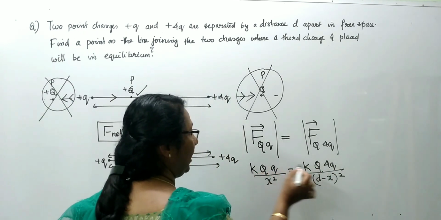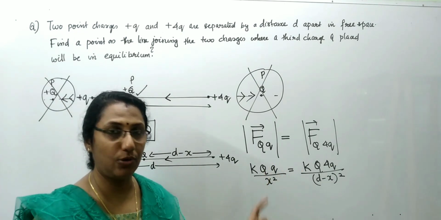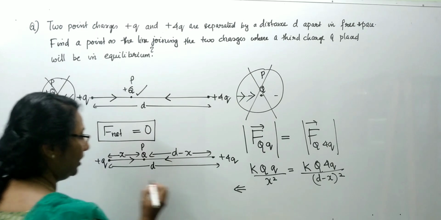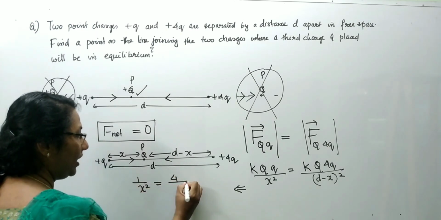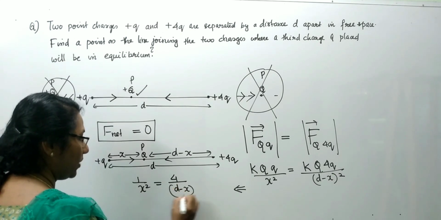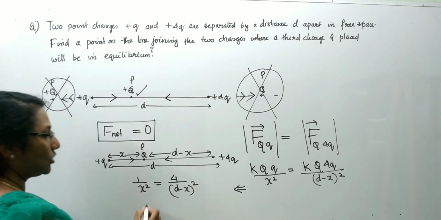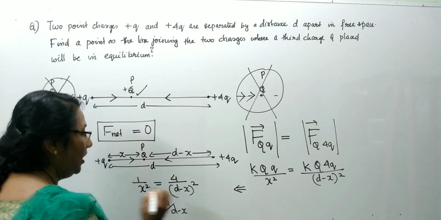What happens? K cancelled, capital Q cancelled, small q cancelled. Then the remaining portion: 1 by x square is equal to 4 by d minus x the whole square. Okay. All terms are square terms. So taking the square root, 1 by x is equal to 2 by d minus x.